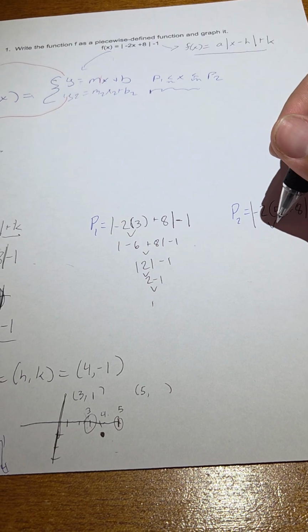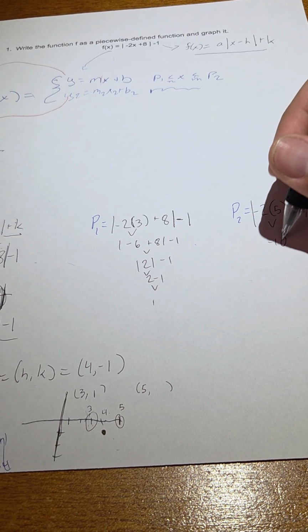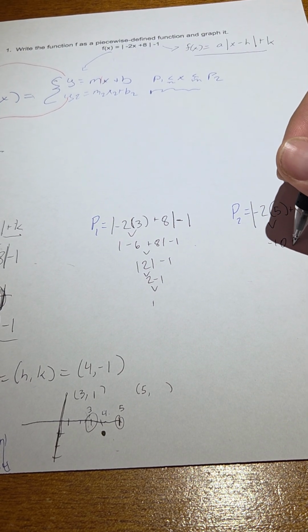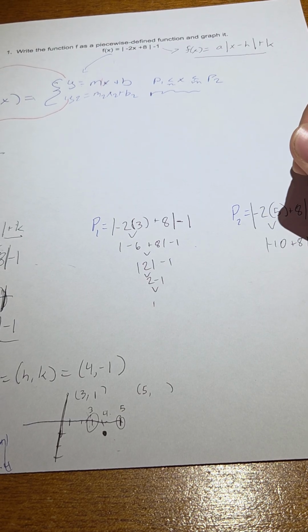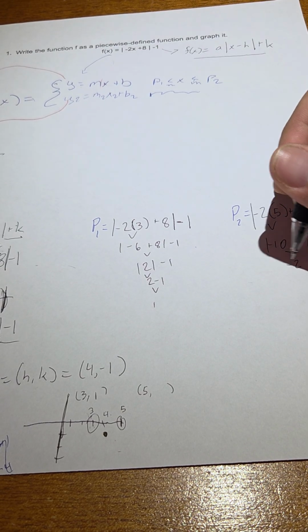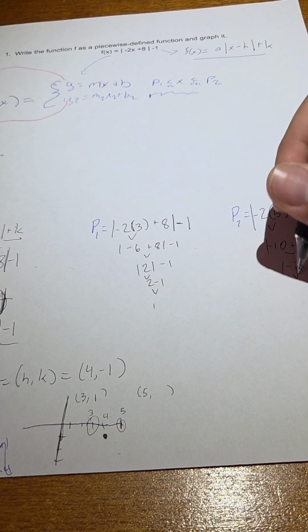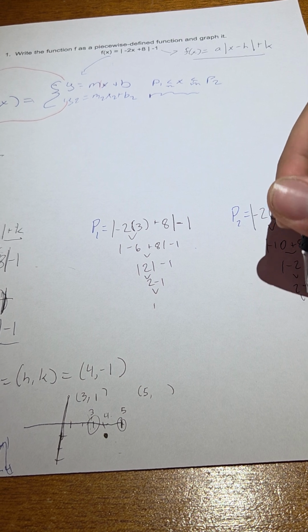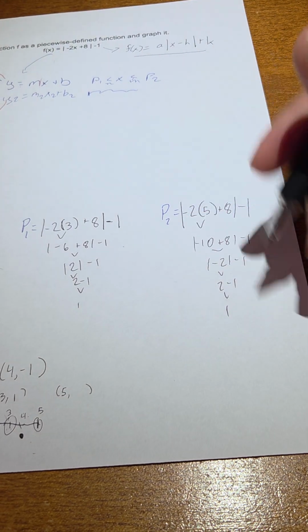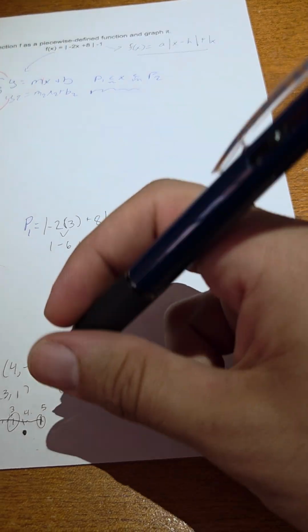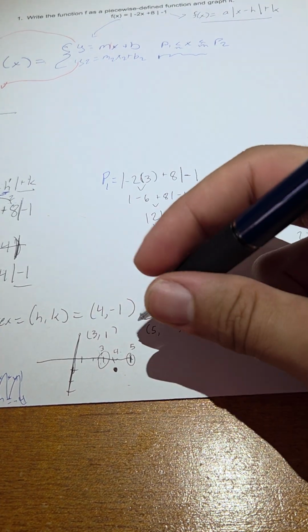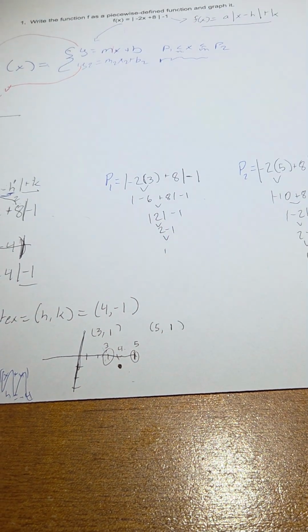And now we solve. This is going to be negative 10 plus 8. This ends up being negative 2, minus 1. This ends up being just the absolute value 2 minus 1, which is also 1. Sorry, I did my math. So now we know the y for the other point is also 1.